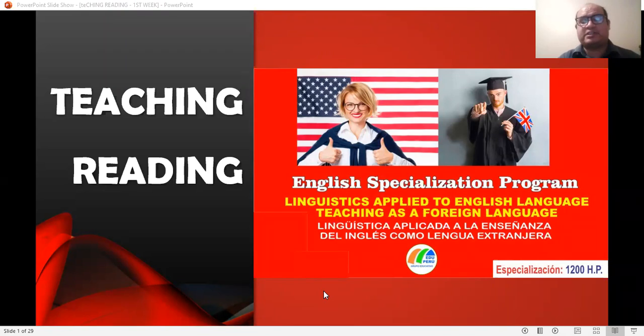We talked about phonetics, phonology, morphology, syntax, but there are more. The most important ones in order to teach a language are these four.